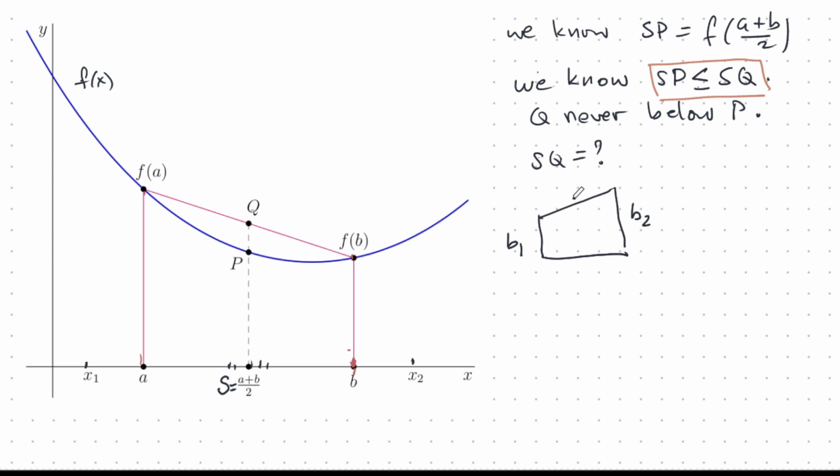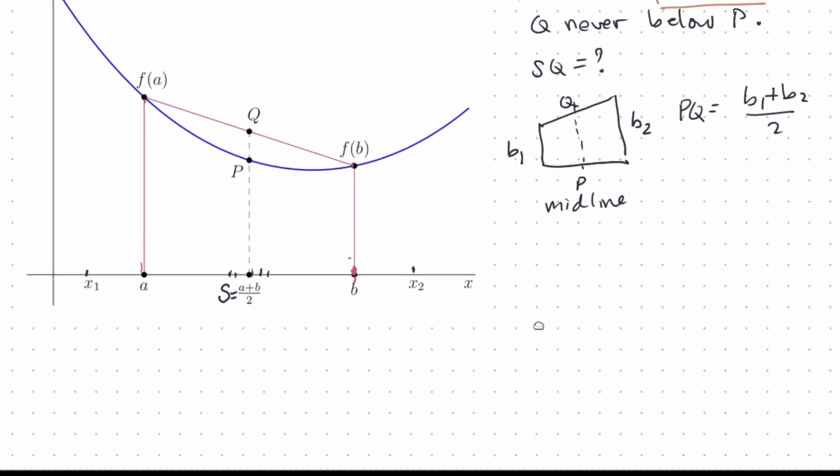And the midline of the trapezoid, so let's call this PQ. So what is PQ of a trapezoid, the midline? Do you remember? Well, it's the average of the two bases, (b1 plus b2) over 2. Okay, let me try to write better like that. Great. So, in fact, it's very easy to compute the length SQ. That's just the midline.